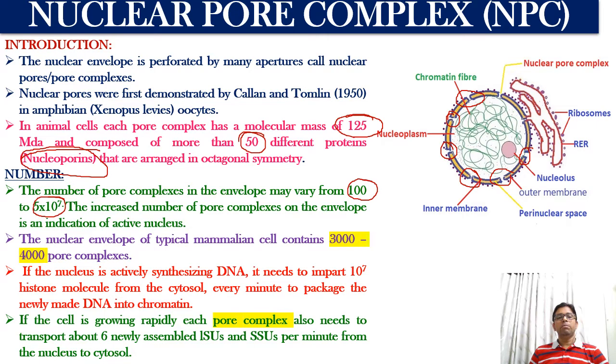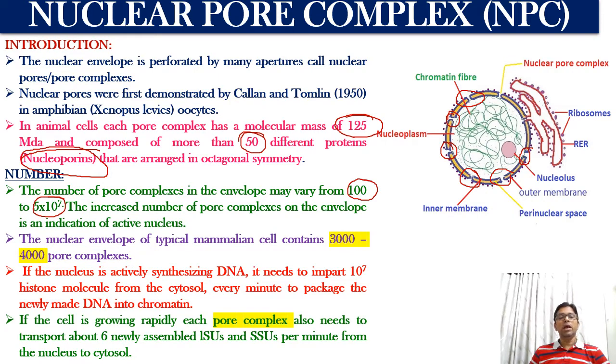The increased number of pore complexes on the envelope is an indication of active nucleus. It means the more active the nucleus is, the greater the number of pore complexes the envelope contains.